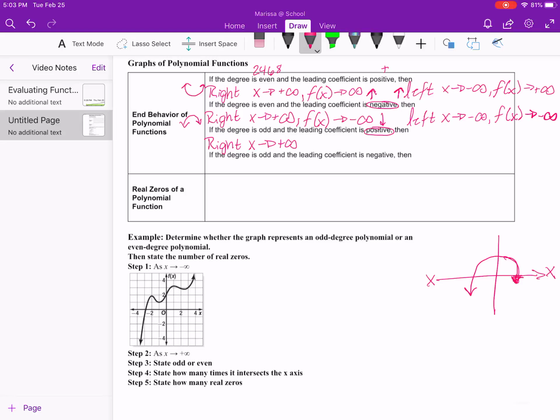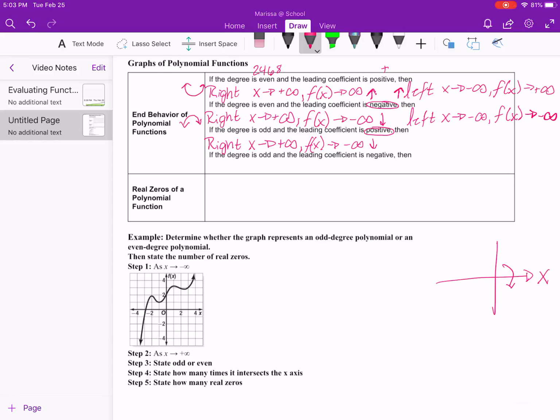So as my x value increases, as my x gets larger and larger, going towards the right, then my graph is going to be getting smaller. So my graph, f of x, will be going towards negative infinity. So it's going in the downward direction.